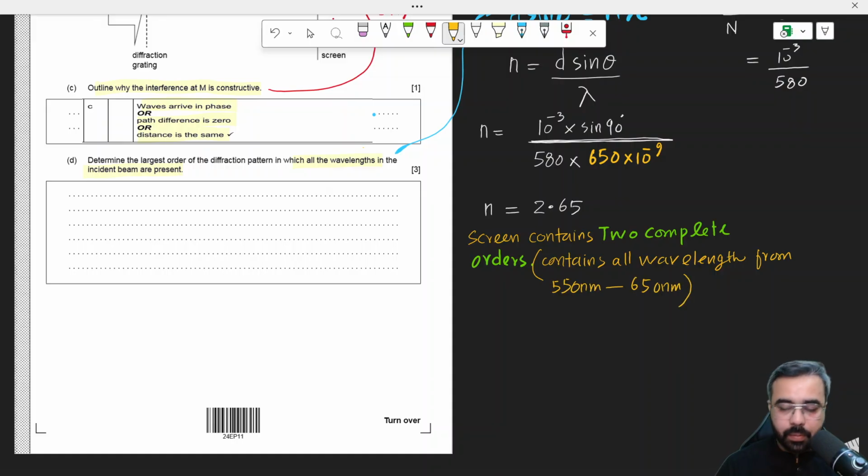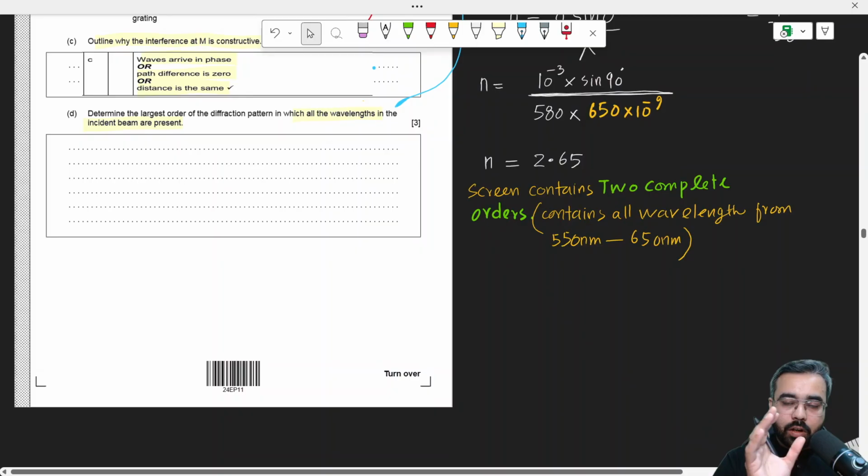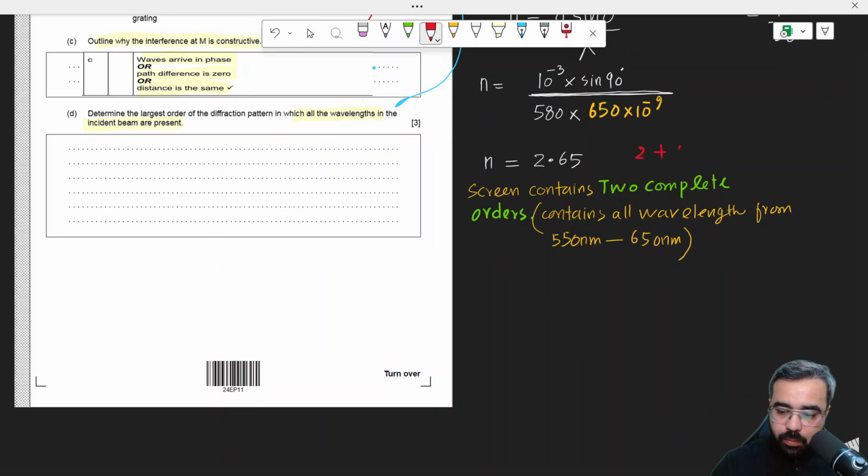And the third order is not fully completed, because it is 2 plus 0.65. It means that the third order is just 65% on the screen, and 35% of that order is missing. Let me show you on the screen.